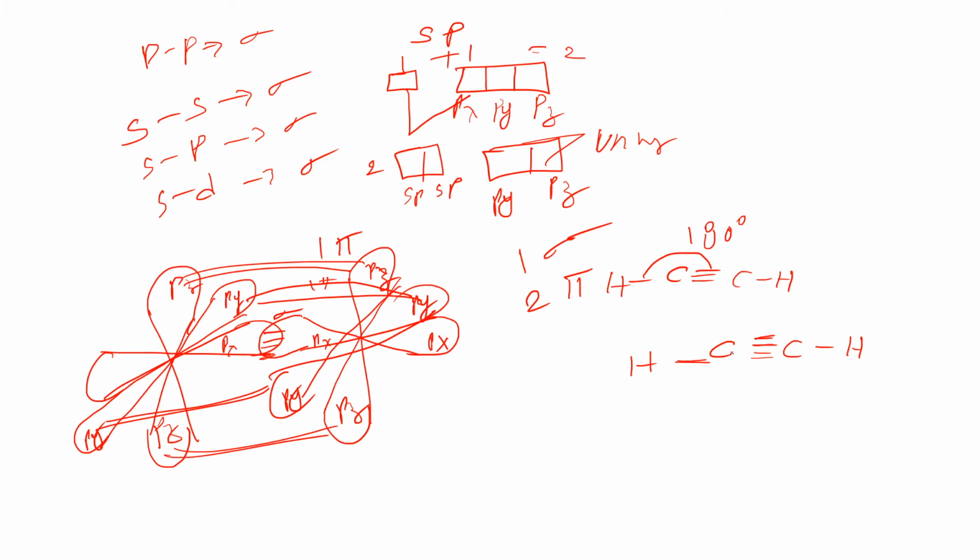So the valency is 4, so it can form 4 bonds. The same is true of the other carbon: 1, 2, 3, and 4. Here the hydrogen has a valency of 1, so it is bonded with one bond. So this is about sp hybridization, and the structure formed is linear.